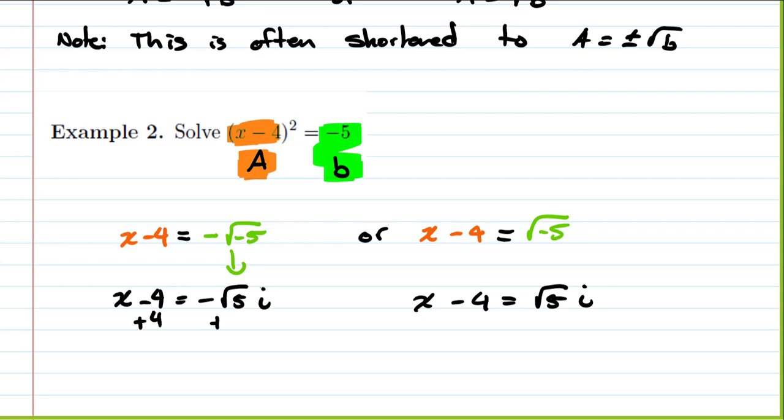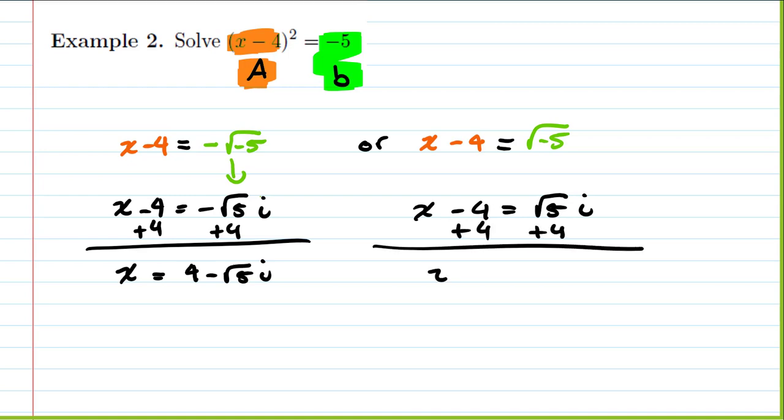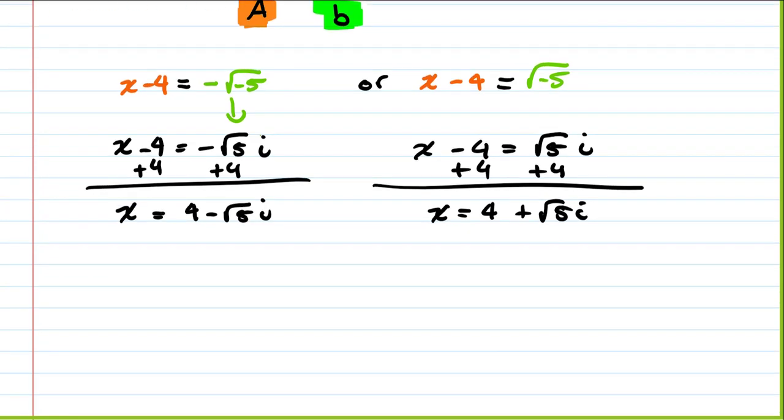Then to resolve each equation, we add 4 to both sides, getting our complex number solution, 4 minus the square root of 5i. And adding 4, we get x equals 4 plus the square root of 5i. So we got 2 complex number solutions to this quadratic equation.